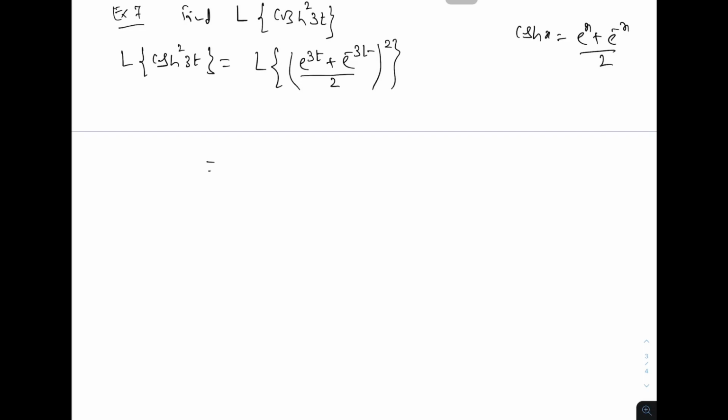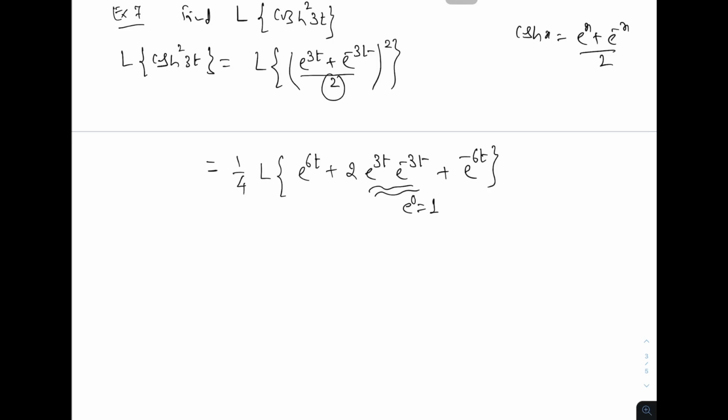And so if we simplify this, this is 1 by 4, that is 2 square, and Laplace transformation of a plus b square. So (a plus b) square, that is nothing but a square, so that is e power 6t, plus 2ab, so 2 e power 3t e power minus 3t, plus b square, so e power minus 6t. e power minus 3t square is e power minus 6t, and this e power 3t e power minus 3t is e power 0, and that is 1.